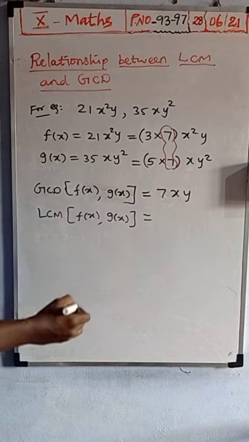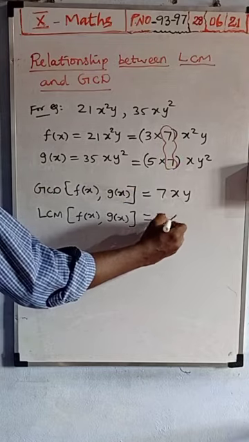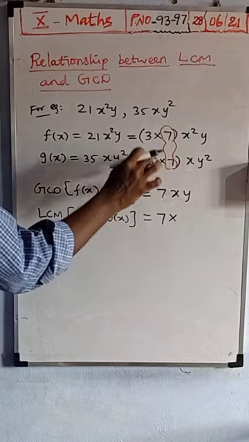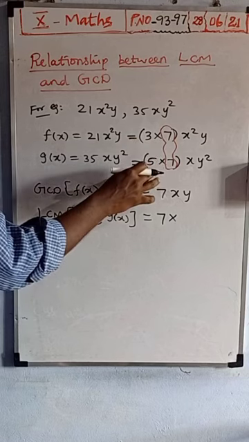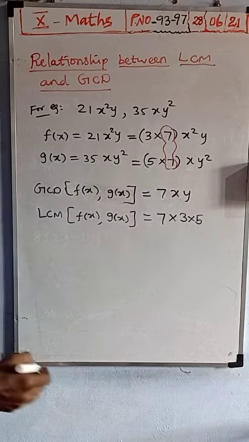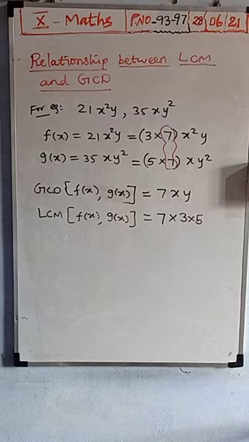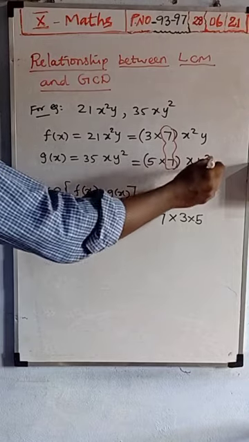Next, the LCM of these two expressions f of x, g of x. LCM means the common term, 7, we write only one time. 3 is only in the first expression, and 5 is only in the second expression. The remaining terms we write as they are. And while comparing the variables, we write the highest power.